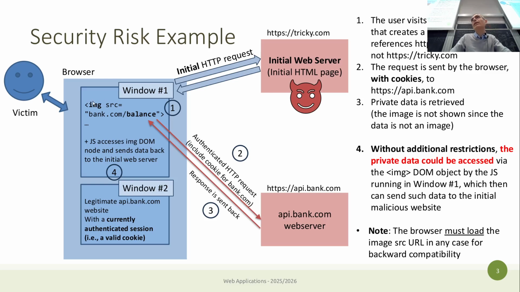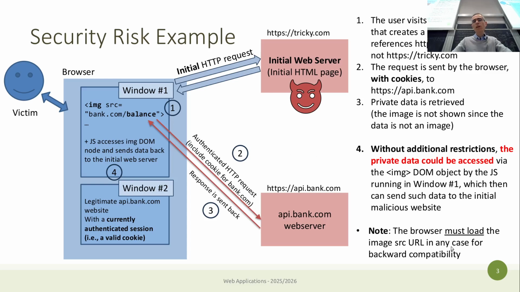And the point is here, like IMG. IMG was a tag that was already there since the beginning of the development of HTML and so on. And so basically, if you want backward compatibility with all websites that are available anywhere in the internet, you need to load the resource that is specified by the SRC attribute, okay? And without additional restriction, this is a problem, okay?